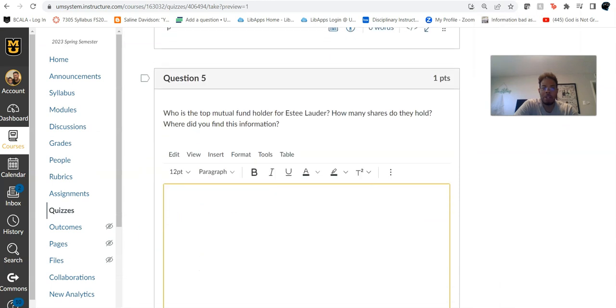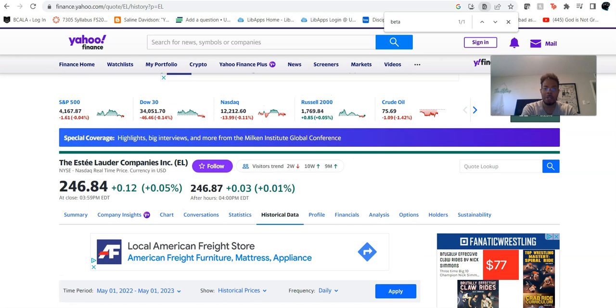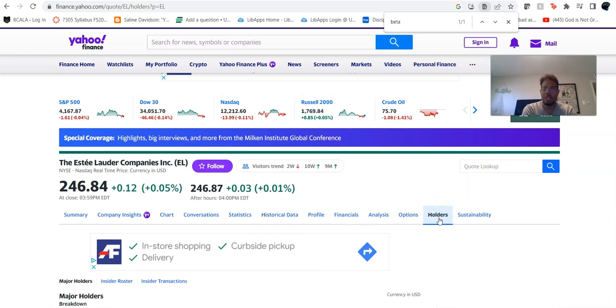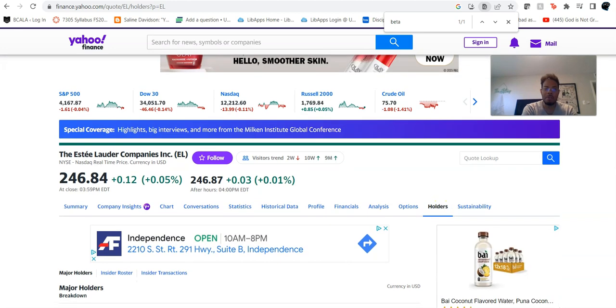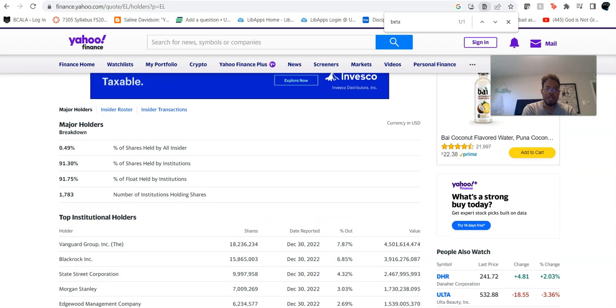And then finally, who is the top mutual fund holder for Estee Lauder? How many shares do they hold, and how did you find that information? You will scroll back up here and go to Holders. Holders is where you find information on holders holding information. I believe everybody got this right. The answer is Vanguard.